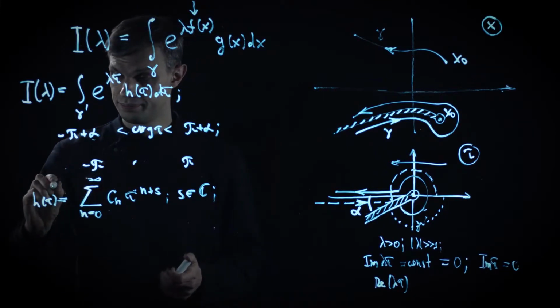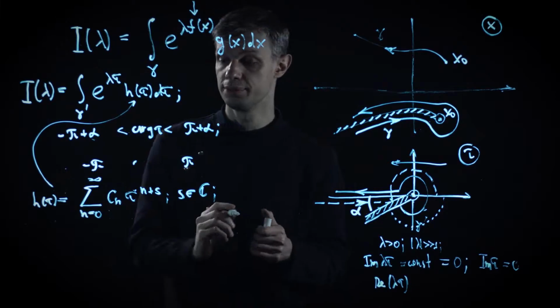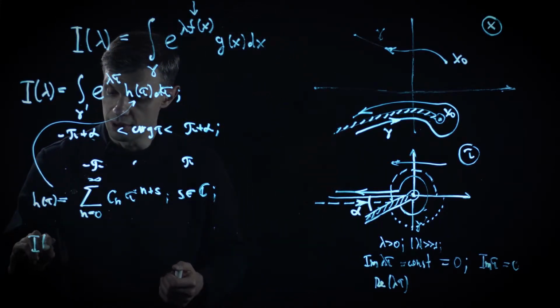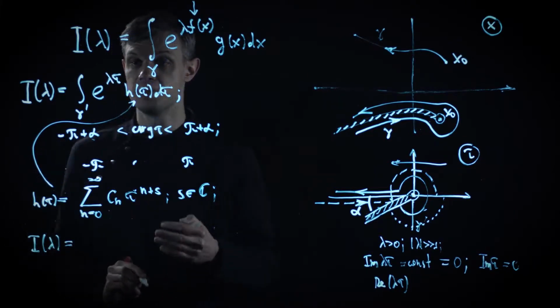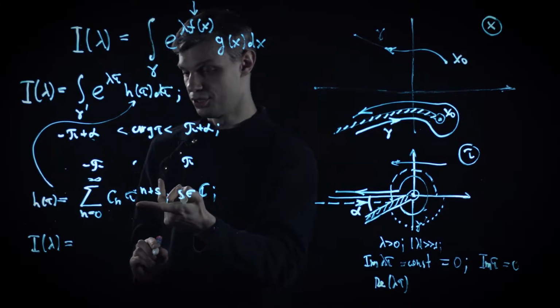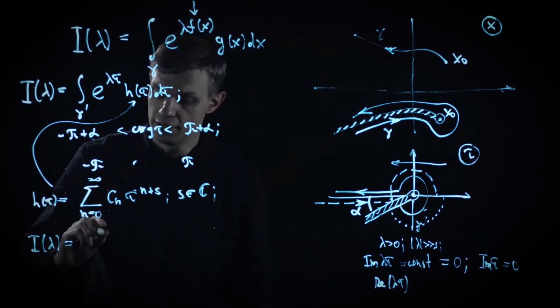Now we plug it into our initial integral and just perform the integration, because the integration becomes elementary due to the simplicity of the exponent here and the pre-exponential factor, which is tau to n plus s. So here we go.